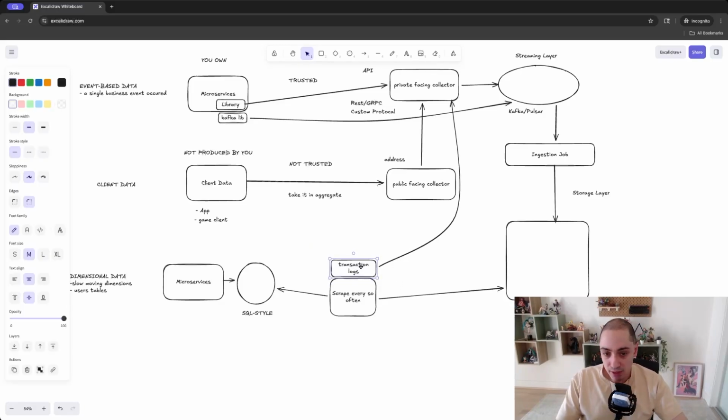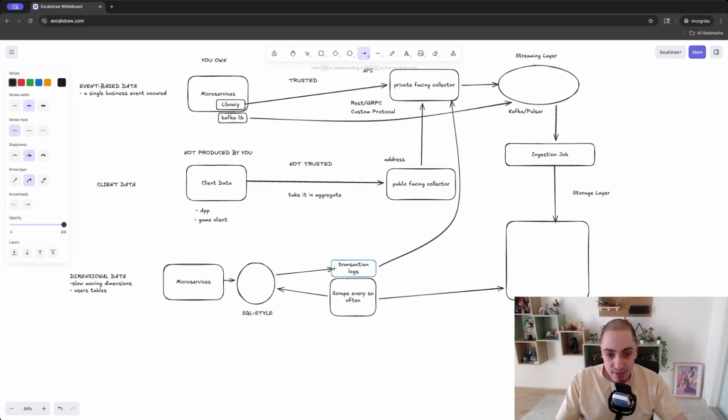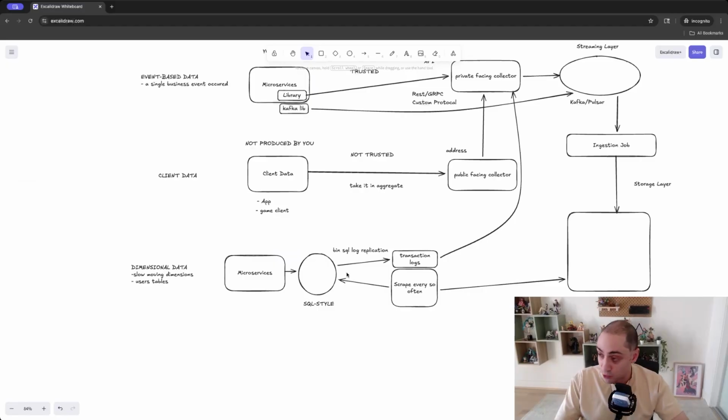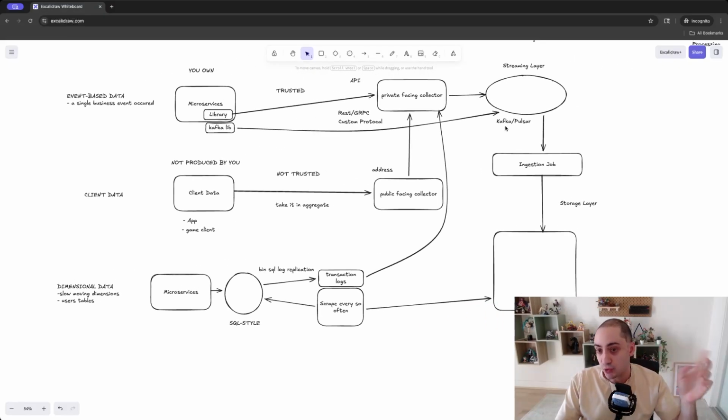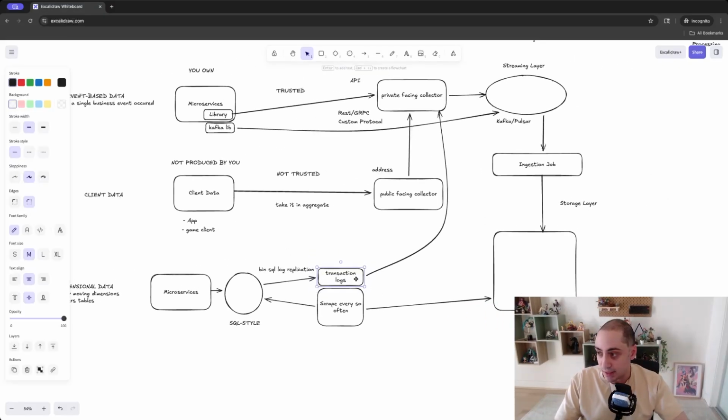This would be the new way of doing things. So this is like bin SQL logs, replication, things like that, that are coming through your SQL. Let's say a user changes their email or something, you get one transaction here, which sends that to your collector, which then gets collected. This option is more complex though, because it's a slowly changing dimension.